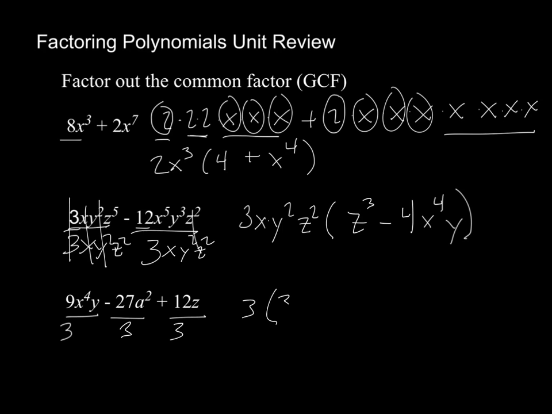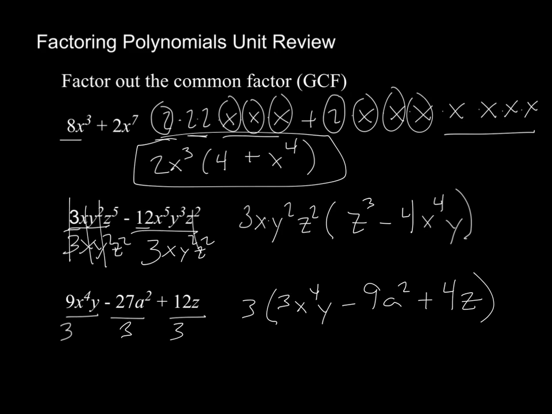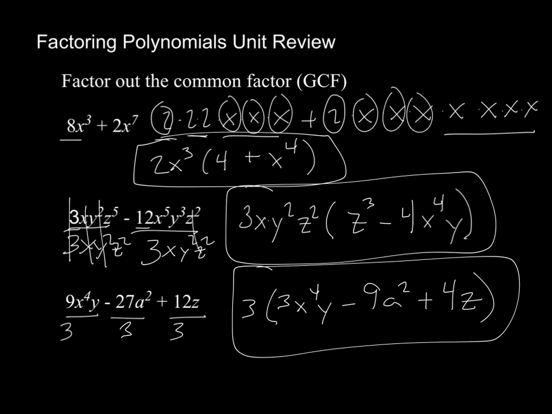And that's going to leave me with 3x to the 4th y minus 9a squared plus 4z. And that's my completely factored expression there. So my answers for these are as I am boxing or circling here. Remember, we should always box or circle our final answers.